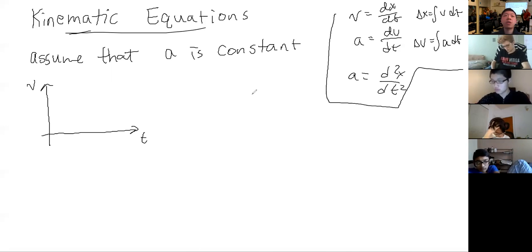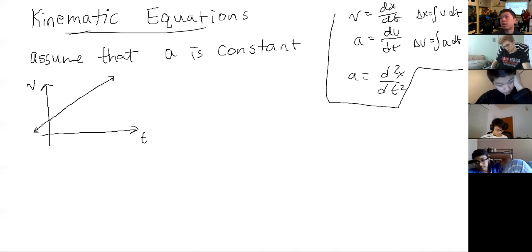Linear? Yeah, that's correct. So then velocity is going to increase. It's not going to be flat. Flat is if acceleration is 0, which means v does not change, right? So then we defined a to be the change in v over time. So then if acceleration is constant, that means the velocity changes a constant amount every unit of time, right? So then it's going to be a line.